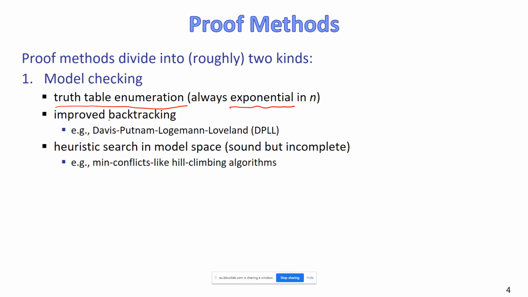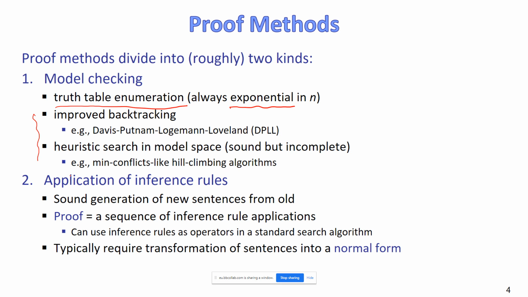There are some ways that make this a bit more efficient, but it is still exponential, and we will not look at them in this course. What we will look at is the other way of proving, or inference, which uses the inference rules from propositional logic. One of them is called the resolution algorithm, and that's what we will focus on in this lecture and the next lecture.